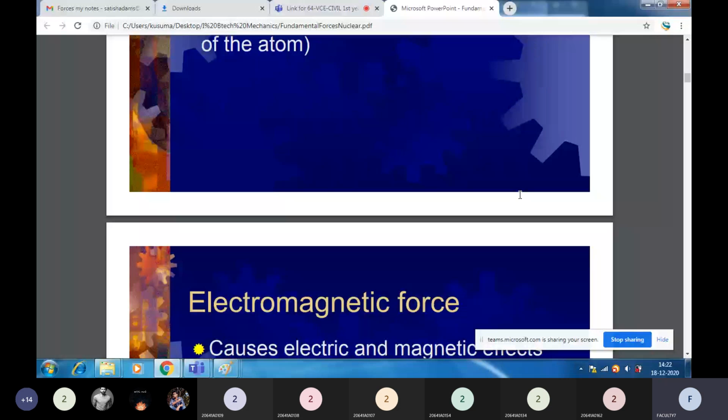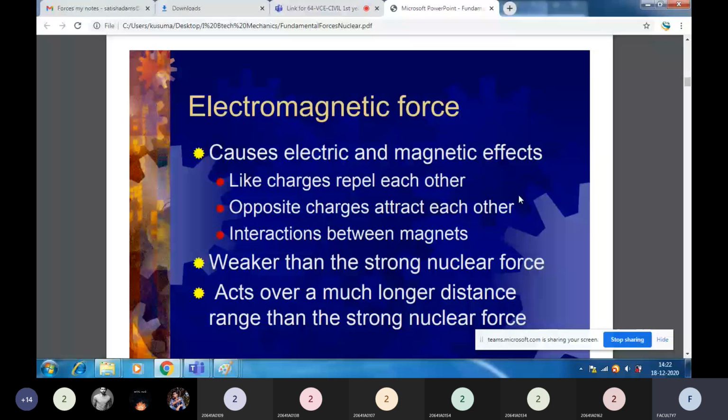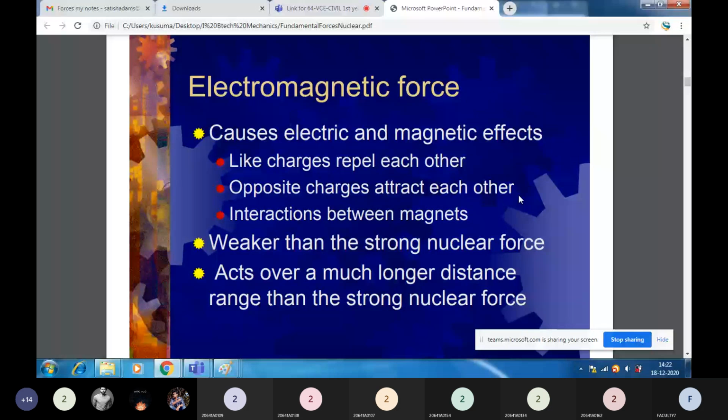Now electromagnetic force. What is electromagnetic force that you might have studied in your intermediate also? This is the cause of electric and magnetic effects. You might have seen certain charges, either positive or negative. Between like charges, if you take two positive charges at a time, what happens?